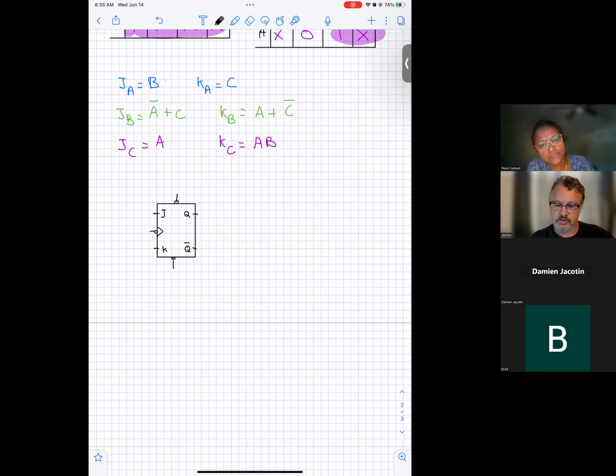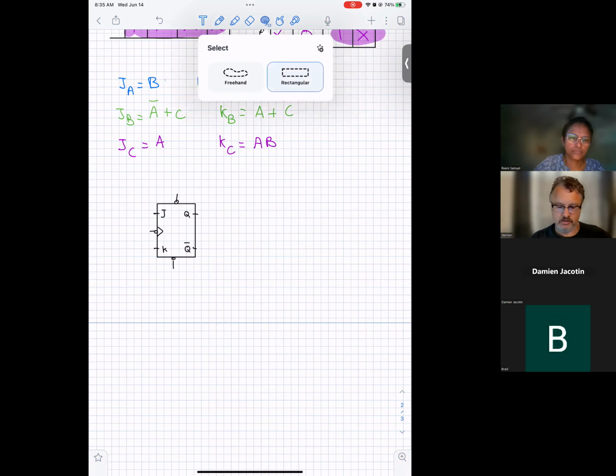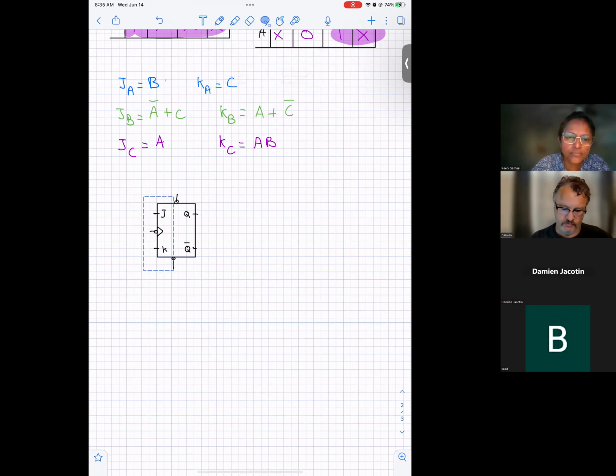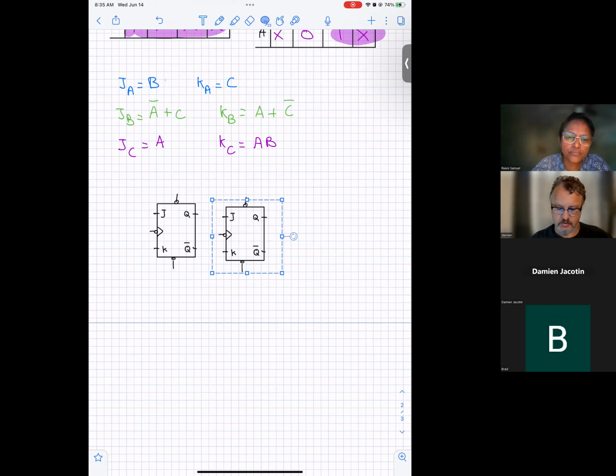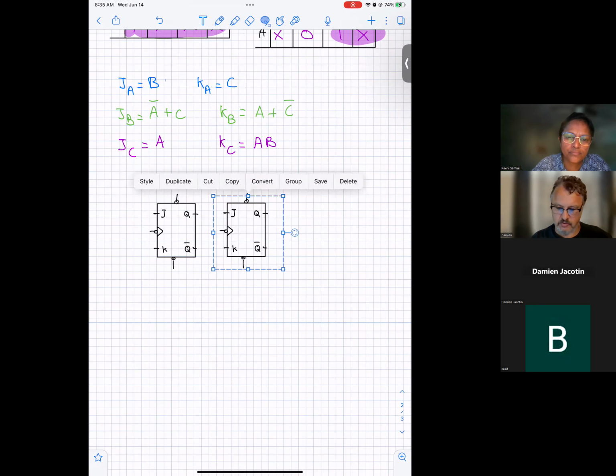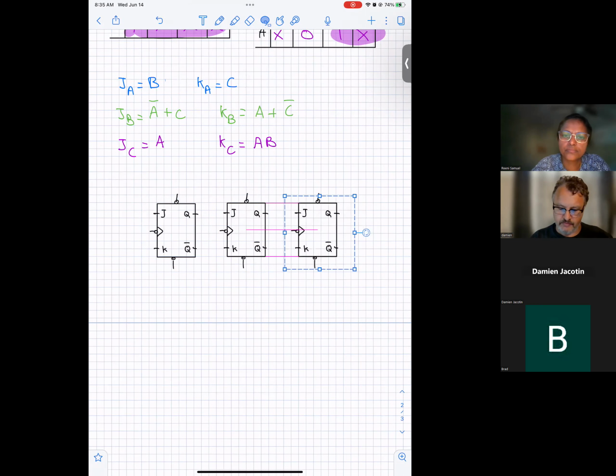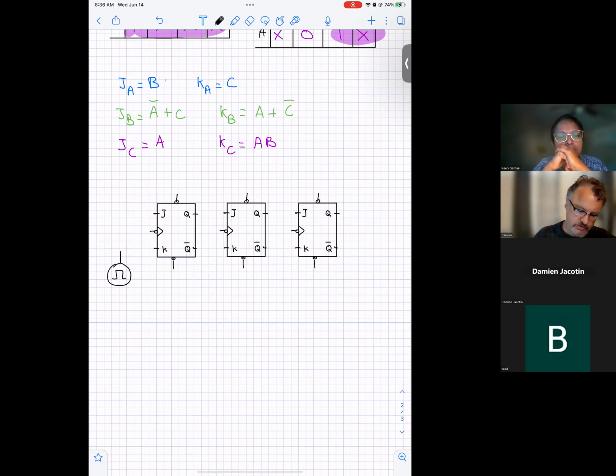And since it's a 3-bit counter, we are going to have 3 of them. So I'm going to copy and paste. And we're going to have 3 of them. We are going to have 1 clock and 1 clock only. So I'm going to have this little clock signal right here.